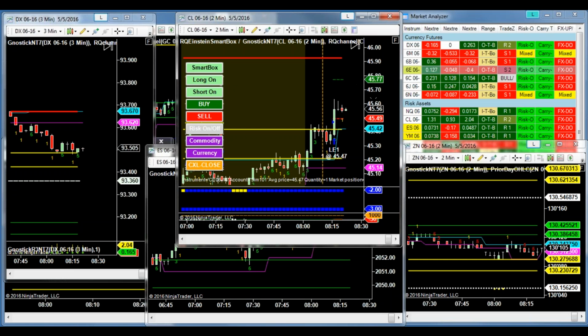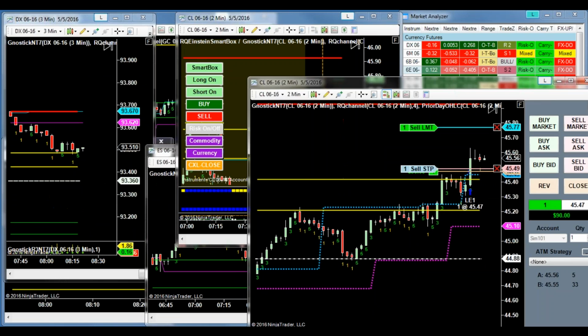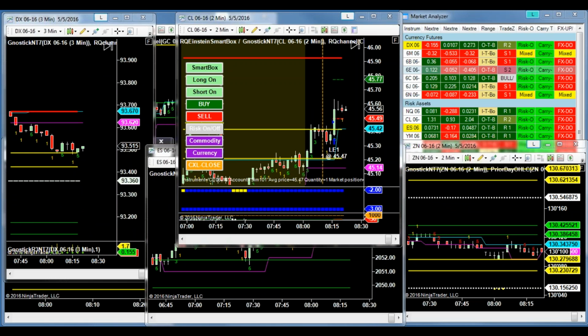Profit target is at 45.77. We can also manage that through the chart trader by just moving it up or down. I'm going to leave it there for right now. And of course, the other option we've got is that we can take profit and get back in should it break out of that prior high.